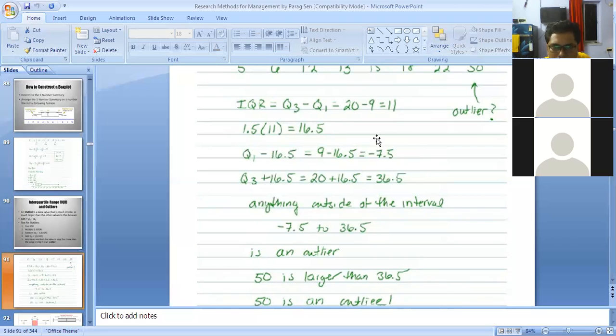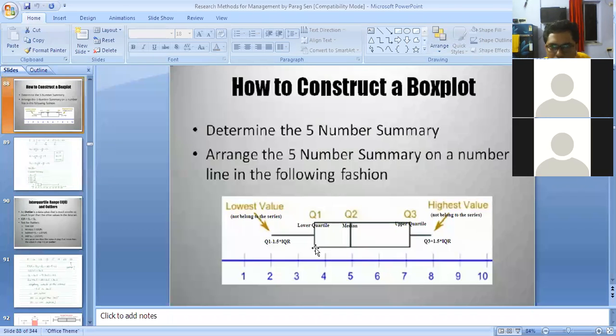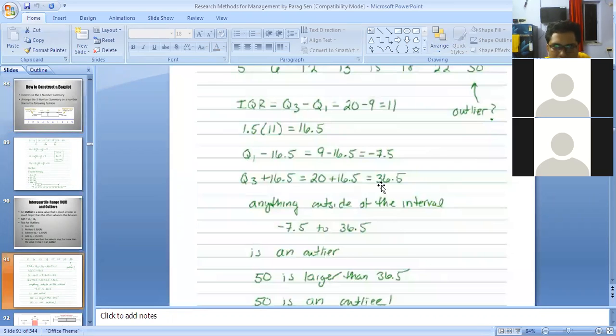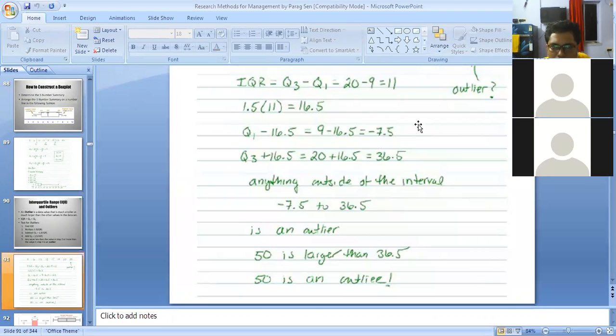So you have already found the values of Q1 minus 1.5 into IQR and Q3 plus 1.5 into IQR. This is your lower bound and this is your upper bound.